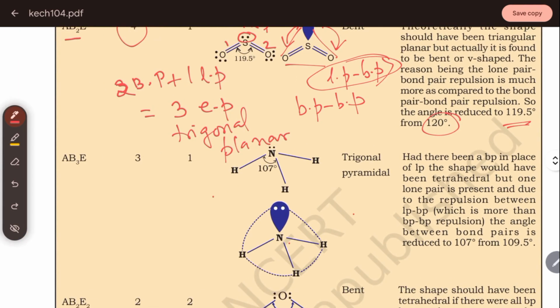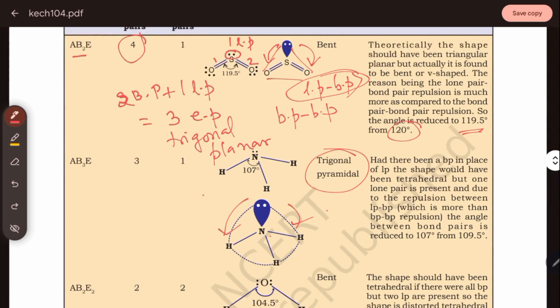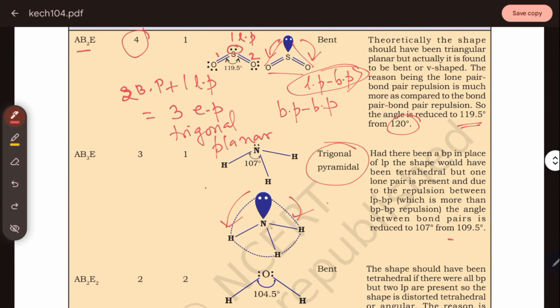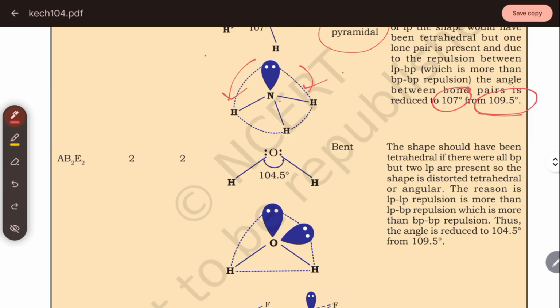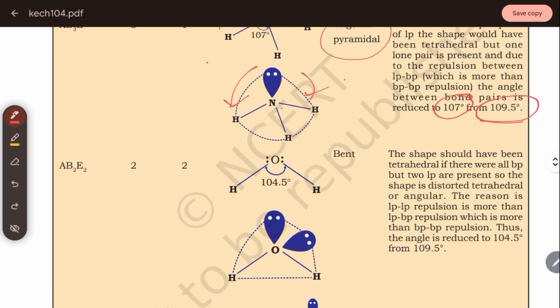Next is the NH3 molecule over here. It has a trigonal pyramidal shape because of the lone pair and bond pair repulsion. Same thing, the bond angle is expected to be that of a tetrahedral structure, so 109 degrees 28 minutes or 109.5 degrees, but it is 107 degrees, which is less than that. Next one also same thing, H2O. H2O has 2 bond pairs, 2 lone pairs, so it has 4 electron pairs, and 4 electron pairs means tetrahedral geometry.